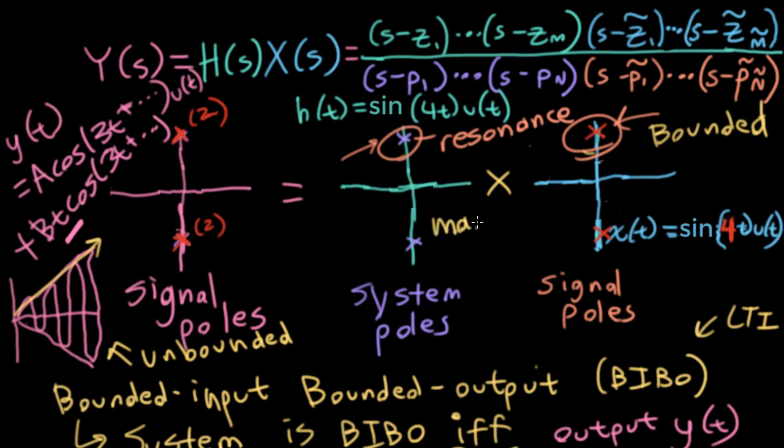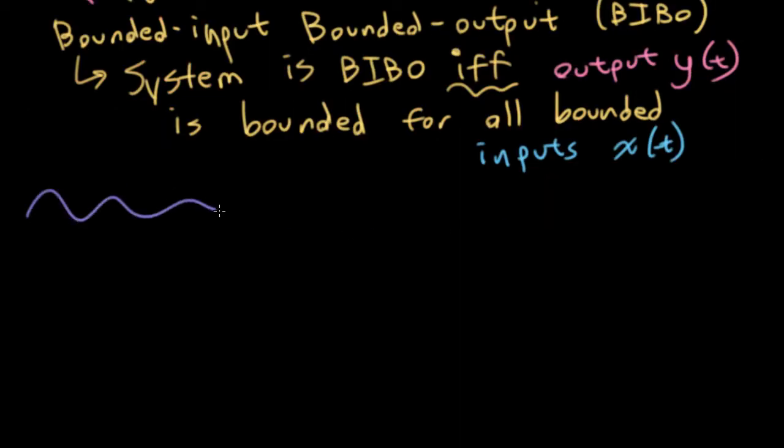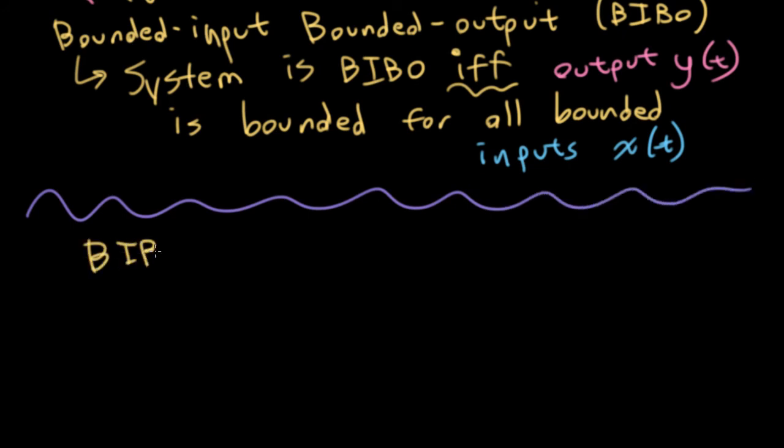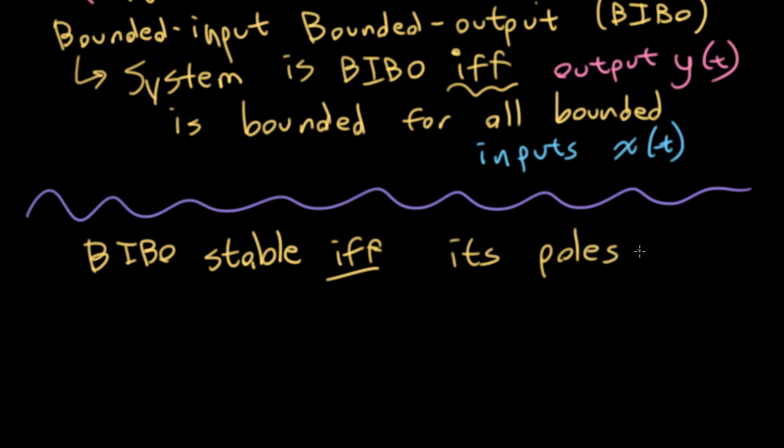Now, although this system here is not BIBO stable, it is what we'll call marginally stable. Marginally stable is a subset of systems that are not BIBO stable. Yeah, I know it's confusing. So the property we'll generally use in this class is that a system is BIBO stable if and only if its poles are on the left-hand side.